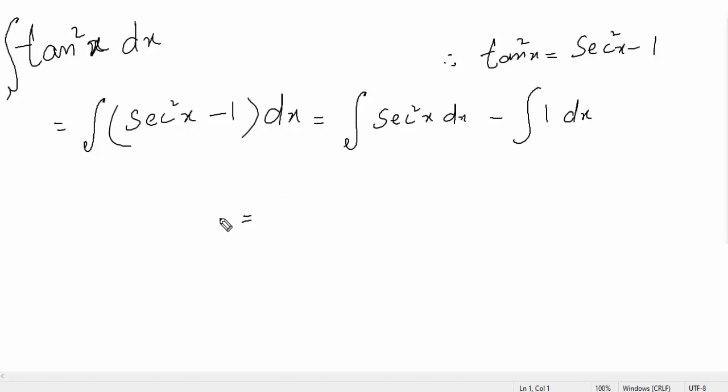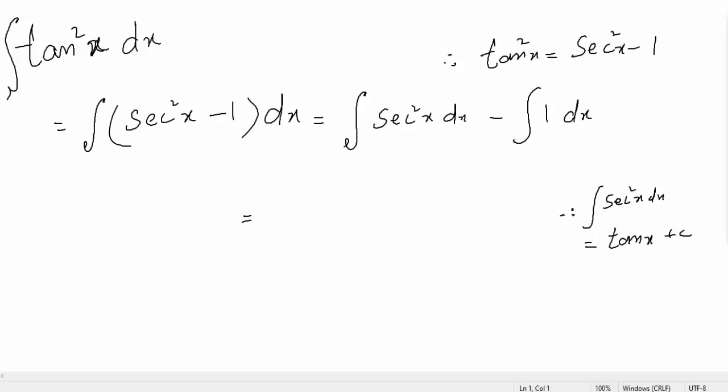Now you have to learn this integration of secant square x. So integration of secant square x, first of all, if you remember that integration of secant square x dx is equal to tangent x plus c.